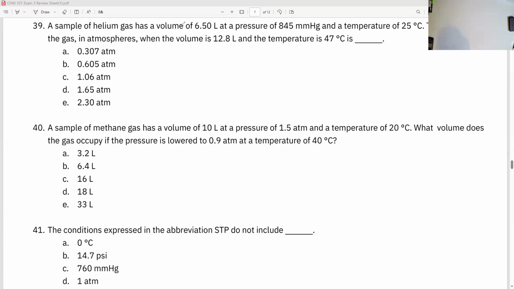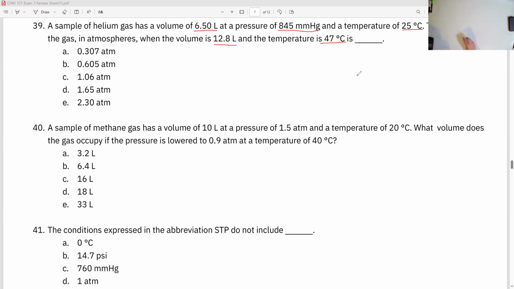They're giving us a sample of gas with a volume of 6.50 liters at 845 millimeters mercury and a temperature of 25 degrees Celsius. They're asking us for the pressure of the gas in atmosphere when the volume is 12.8 liters and the temperature is 47 degrees Celsius. So they're changing the volume, changing the temperature, and asking us to find the new pressure.